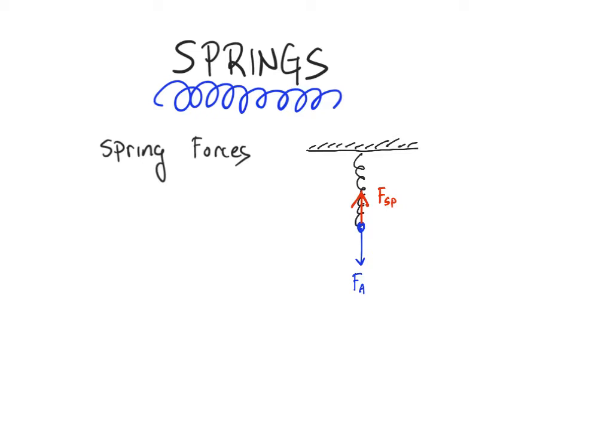And what's interesting about the spring force, and if you've ever, as I'm sure you have, played with a spring or a rubber band or anything that's stretchy or elastic, there's a relationship between the force that the spring exerts and how far it is stretched. So the distance, what I'll call delta x from equilibrium.